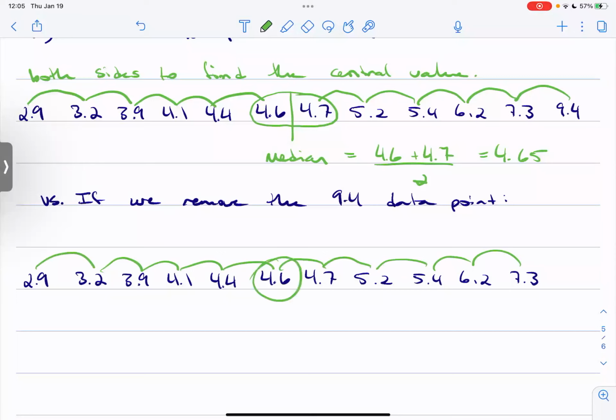When I land on a number, that is the median. Yeah, if it helps for consistency, the average of one number is just itself. So sure, but yeah.